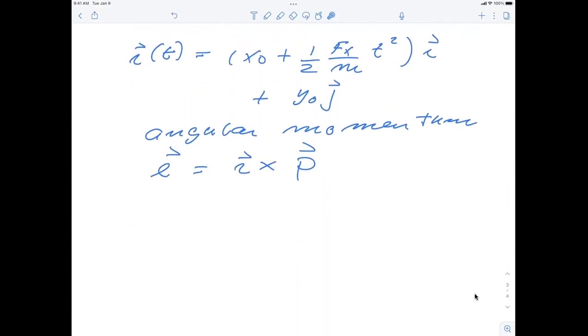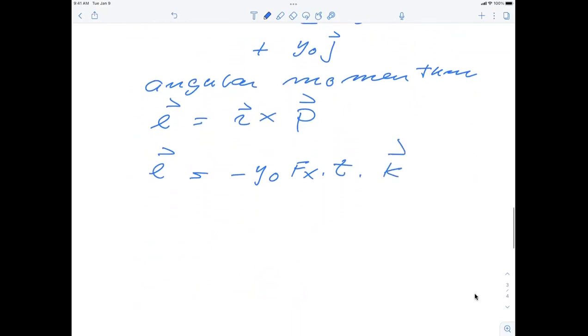And I'm going to get an answer when I plug it in, which gives me L is equal to, when I do the calculation, minus y0 times f of x times t multiplied with the unit vector in the z direction. And now you see that if I take the time derivative of this quantity, this is going to have a torque which is non-zero.